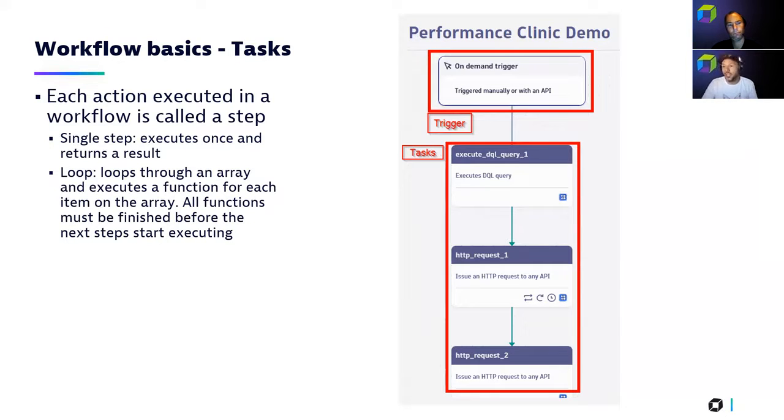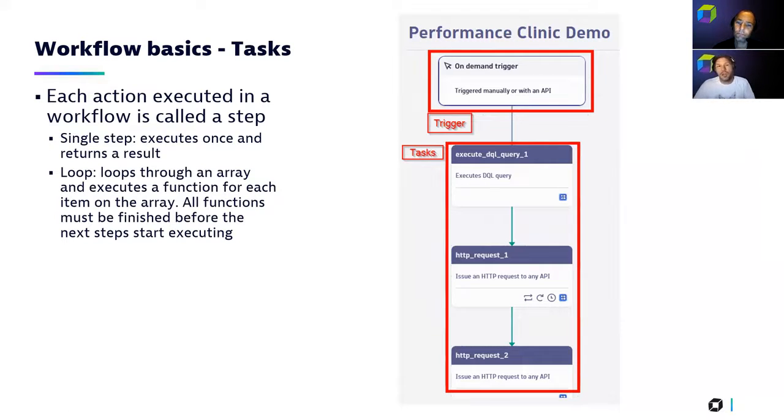It can be an HTTP request to an API I have. I can make a webhook to a notification system I have internally. And I can also run JavaScript code. So I have the trigger, this is an on-demand trigger, and then I can glue the tasks together and create flows on how the execution is going to happen.